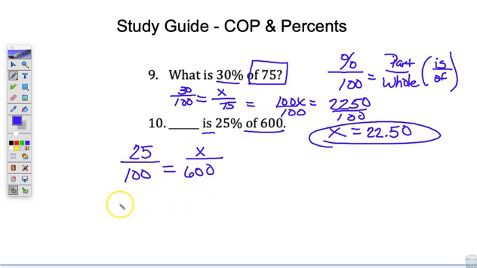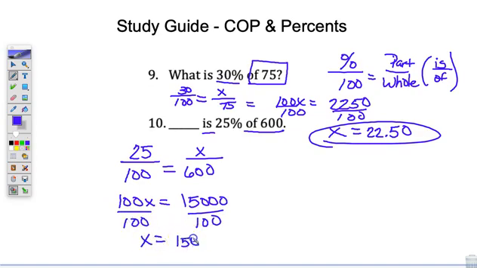And then go ahead and cross multiply. 100 times x is 100x. 25 times 600 would be equal to 15,000. Then you're going to divide both sides by 100, and x is going to be equal to 150 in this example, which should make sense because we're only looking for part of 600, so it can't be over that.